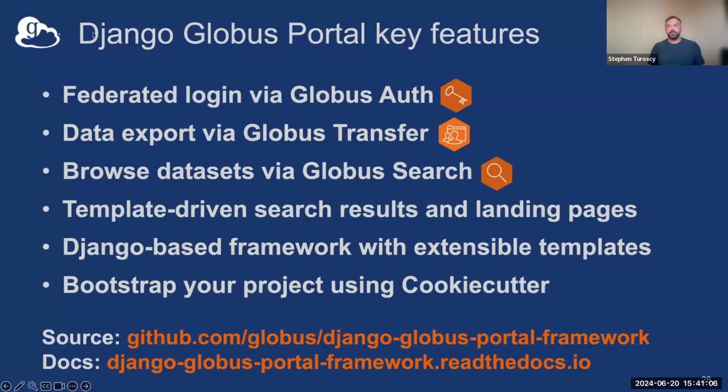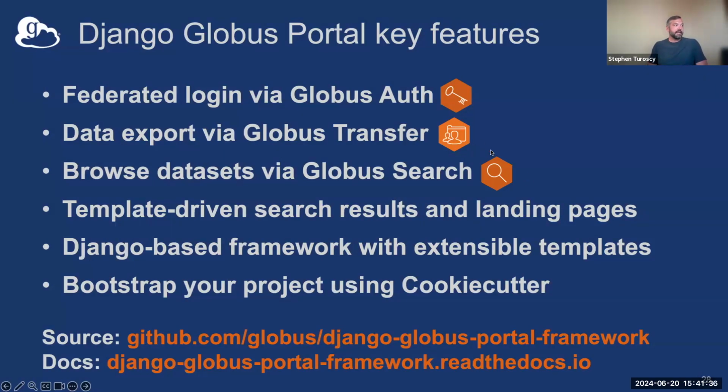So the question was before, does the Science Gateway need to be customized? If you wanted to spin your own framework up, your own portal, using Globus services, this would be where you would start, and you would look at the docs in order to integrate your own resources in there. So what can we do with this? We can use Globus Auth for federated login, as I said before. We can export data via Globus Transfer. There's a number of ways of doing that.